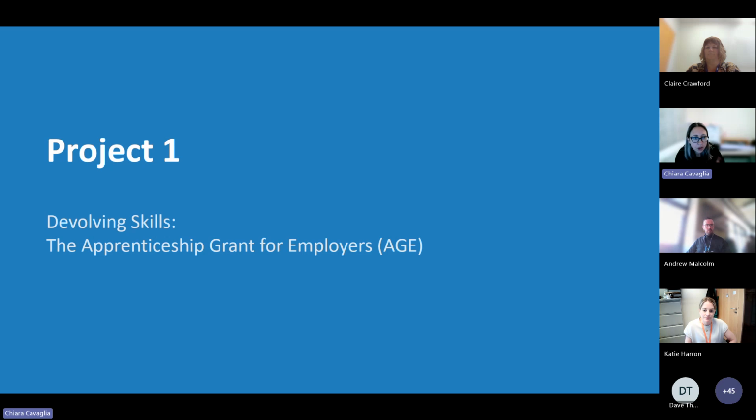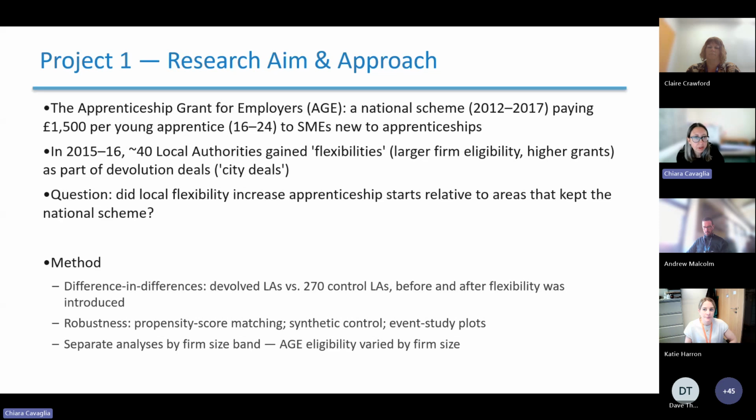The first one is a project on the evaluation of the apprenticeship grant for employers, which was a national scheme created to incentivize the number of apprenticeship starts for small and medium enterprises that were new to apprenticeships, for young apprentices.